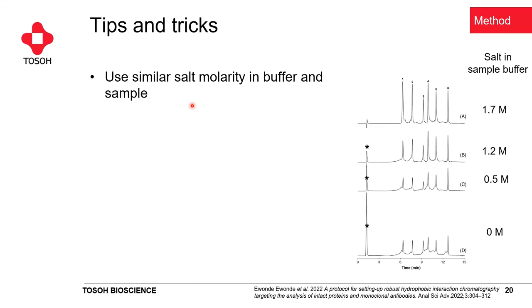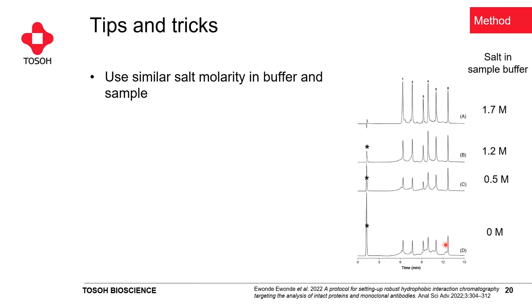Because if you have a lower molarity in your sample, just using the normal buffer that it's dissolved in, you will have a plug with low salt concentration, and the hydrophobic parts on the molecules won't be accessible because there's simply not enough salt in there, and they won't be retained.